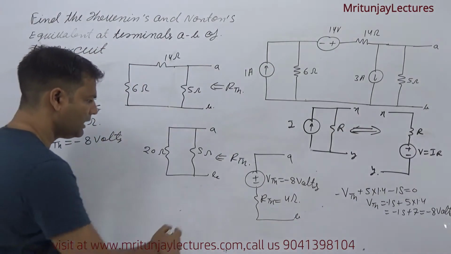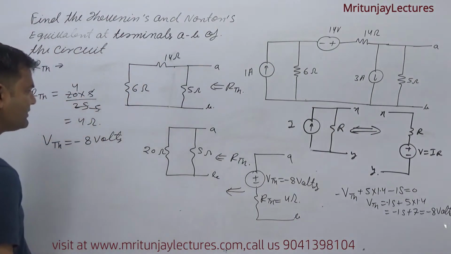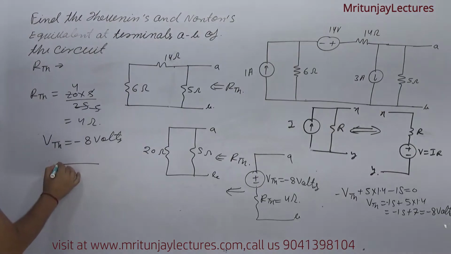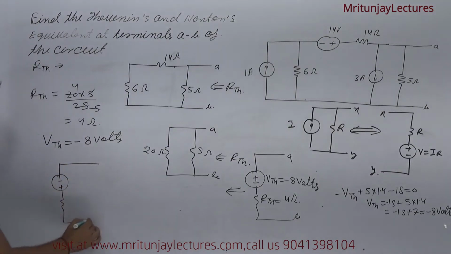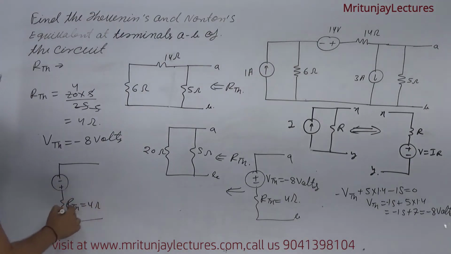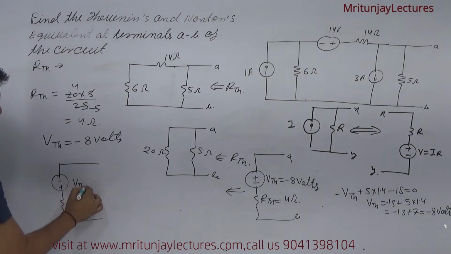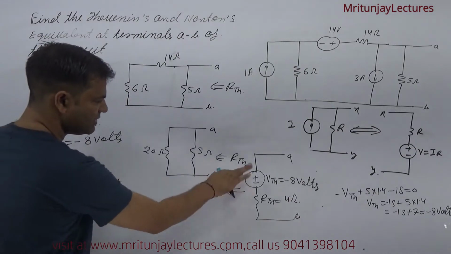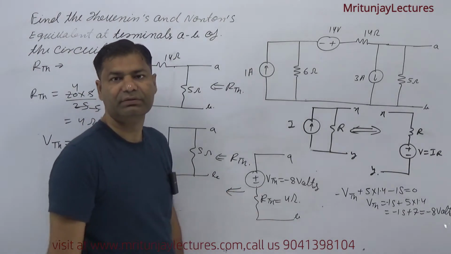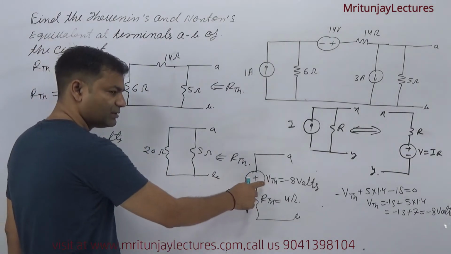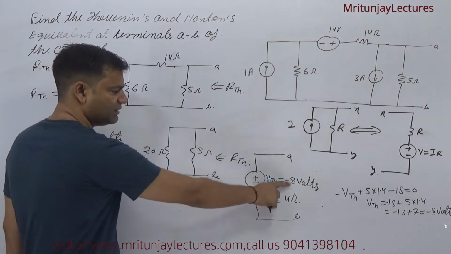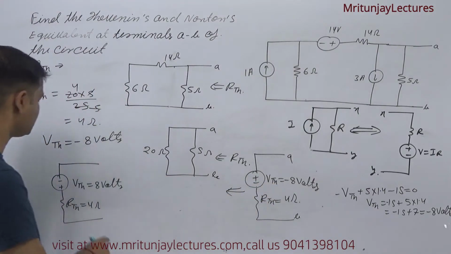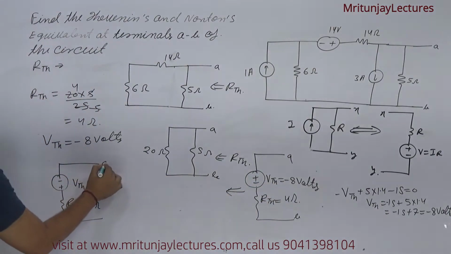Or you can say this circuit also represents it like this: the minus terminal is upper and the lower is plus, so VTH is 8 volt. If you interchange the plus and minus signs, then it is positive. Otherwise, if you want to represent it like this one, then it is written as minus 8 volt, otherwise plus 8 volt. Clear or not?